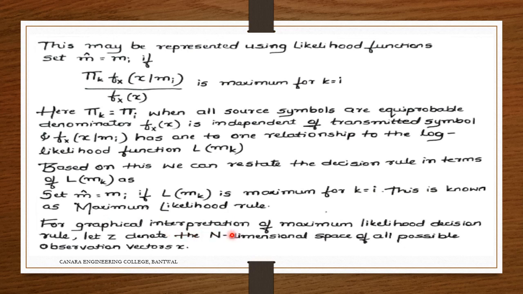For a graphical interpretation of the maximum likelihood decision rule, let Z denote the n-dimensional space of all possible vectors x.